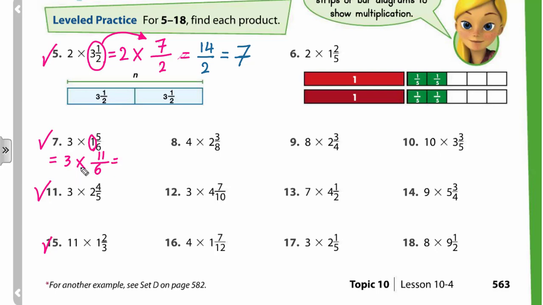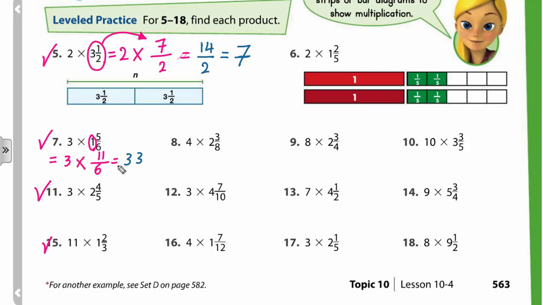Okay, now multiply 3 times 11 sixths. 3 times 1 equals 3, and again 3 times 1, the second one in the tens, equals 3.